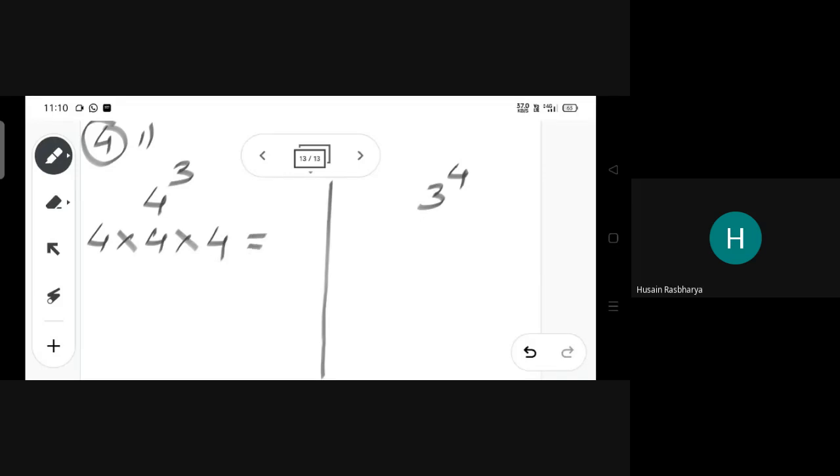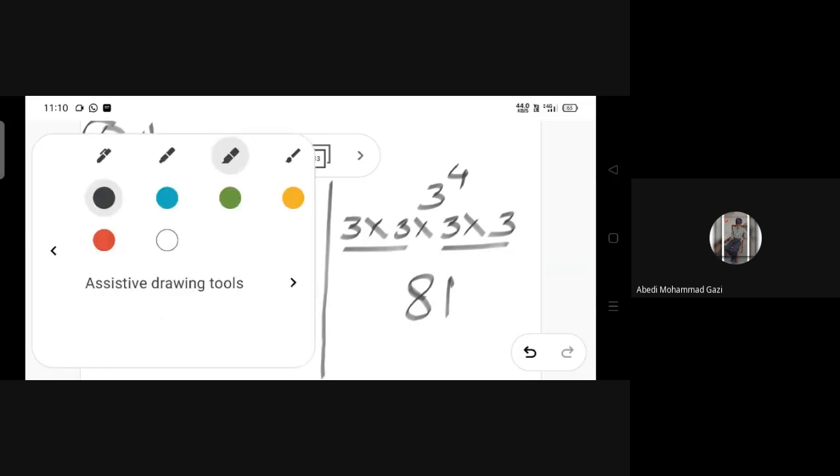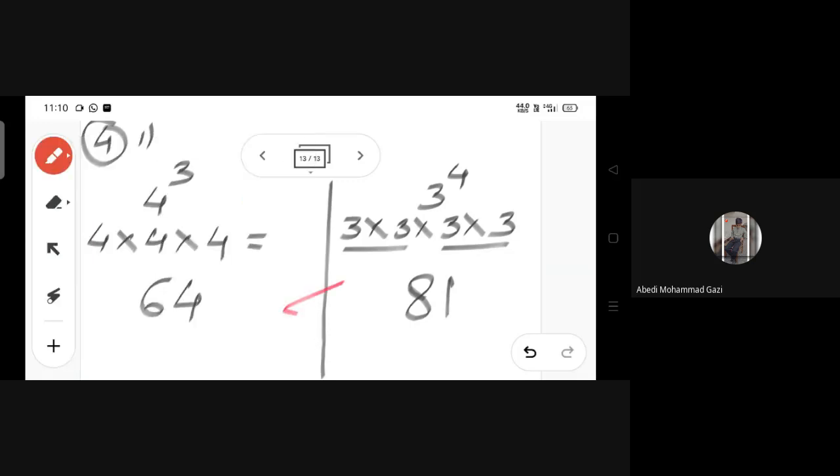This gives you answer 64. And this one is 3 multiplied by 3 multiplied by 3 multiplied by 3. This gives you answer 81. Of course, 81 is greater than 64. Understood, all of you?